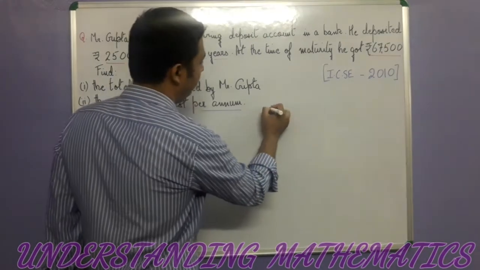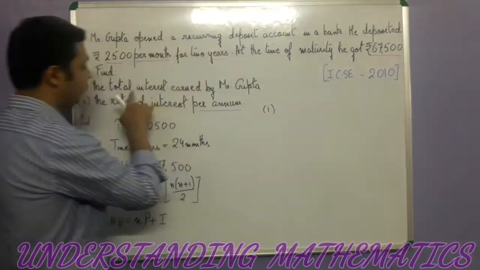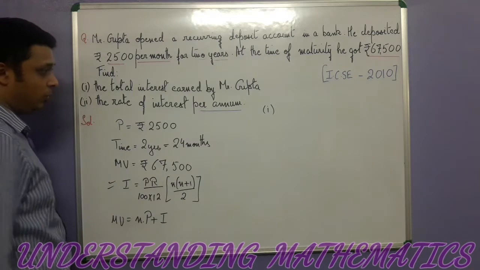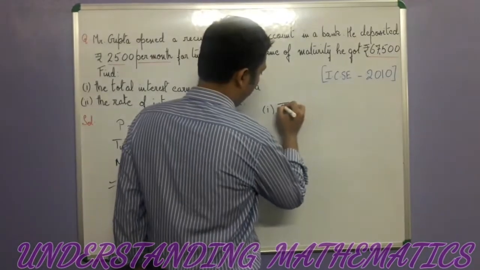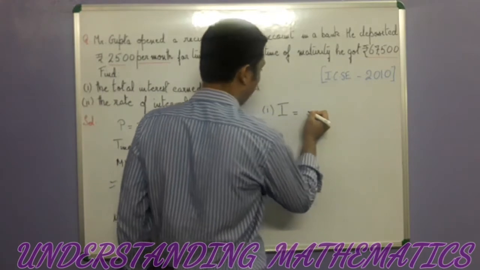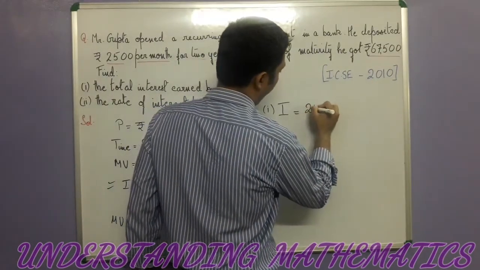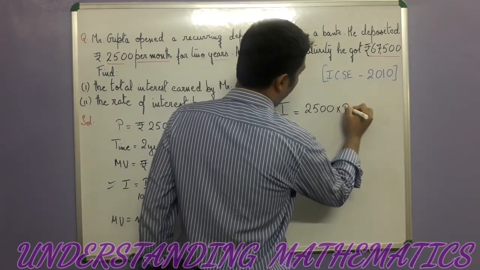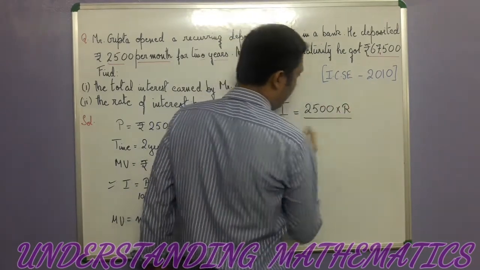So now let us solve the first part of the question. It says total interest earned by Mr. Gupta. That means we need to use this formula. So just plug in the values. What is P? P is rupees 2500. And what is R? Let it be R only because we do not know what R is yet.